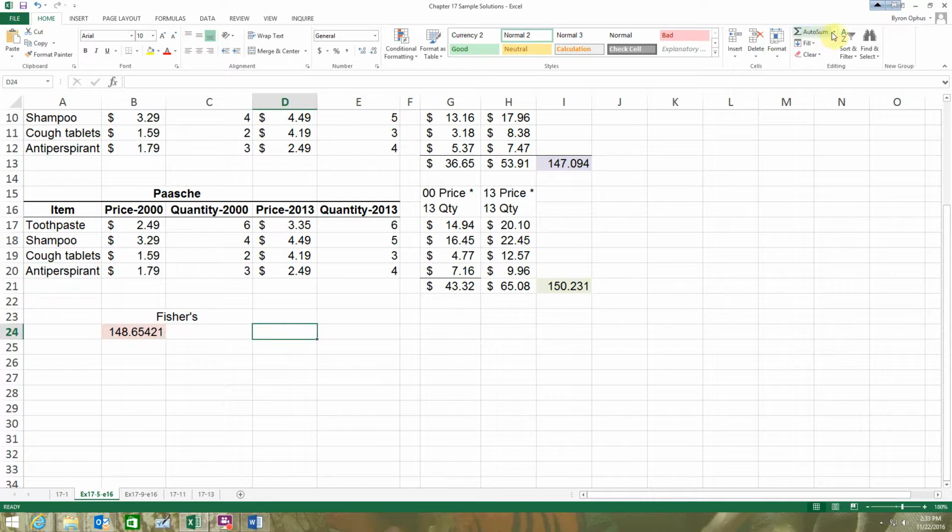Huh. I don't know. Yeah, a little bit. But not too much. Just had to take a look at it to see. But again, I imagine those differences would be greater than if you had really big swings in quantities or prices and whatnot. But anyhow, there's how you do it for 17.6.